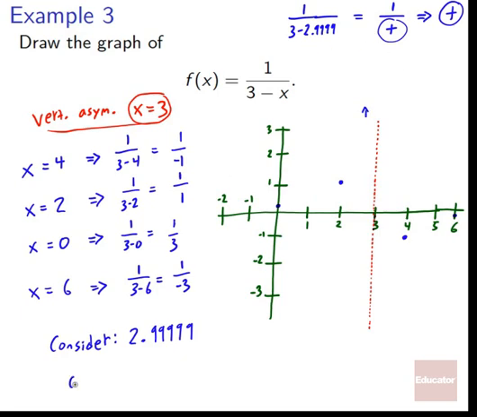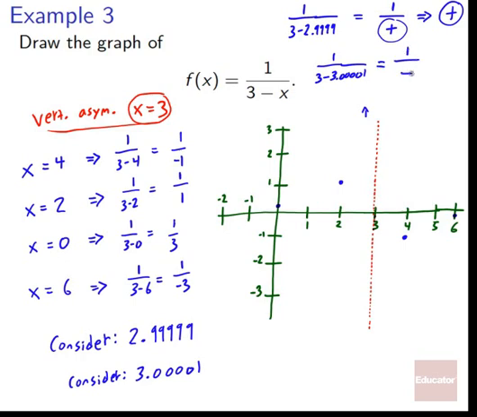If we consider a very small number above 3, 3.00001, that will be 1 over 3 minus 3.00001. Well, 3 minus something that's just a little bit above it is going to wind up being negative. It's going to be a very small number, but it's going to be negative, and that's key.